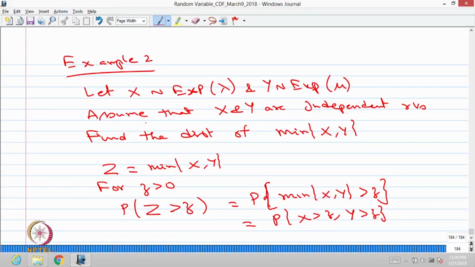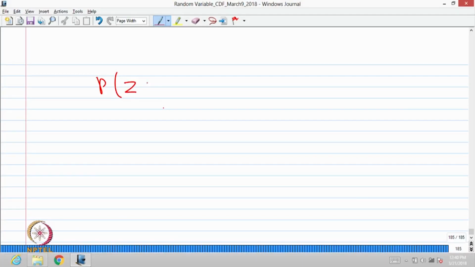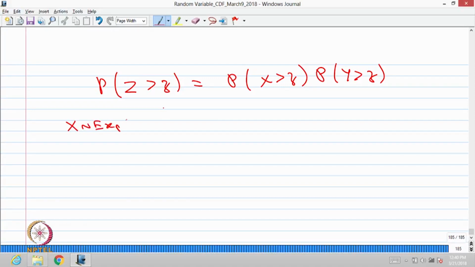If I know the joint distribution, I can find this probability, but I made the assumption that both random variables are independent. Therefore, the joint distribution is the product of the individual distributions. So the probability that Z is greater than z is the probability that X is greater than z multiplied by the probability that Y is greater than z. I have already assumed X follows an exponential distribution with the parameter lambda.